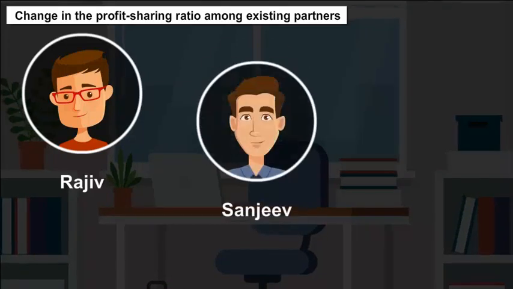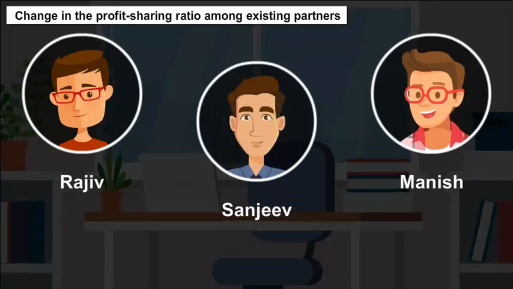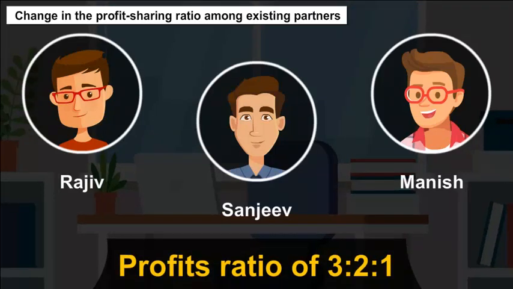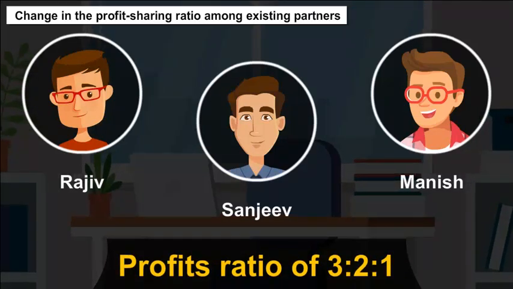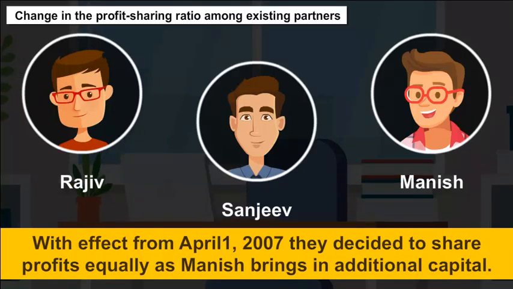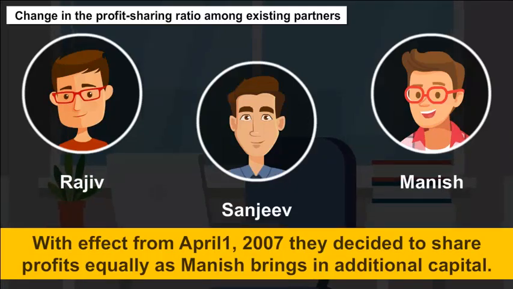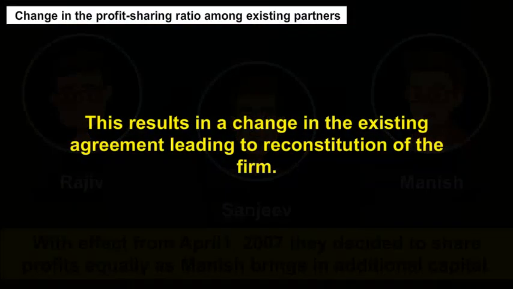Rajiv, Sanjeev and Manish are partners in a firm sharing profits in the ratio of 3:2:1. With effect from April 1, 2007, they decide to share profits equally as Manish brings in additional capital. This results in a change in the existing agreement leading to reconstitution of the firm.